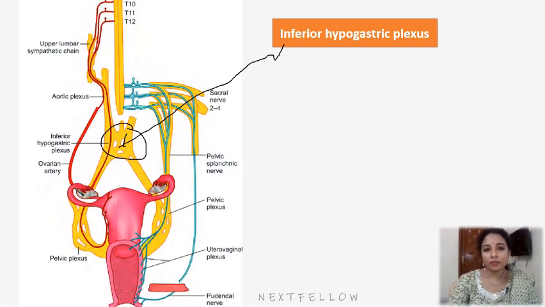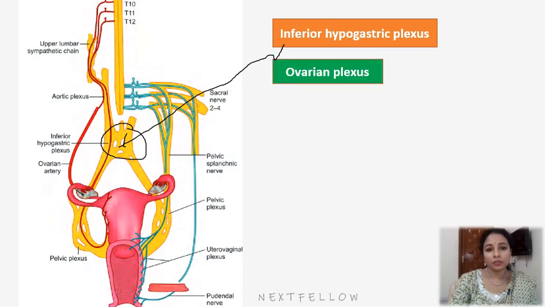These nerves ascend along the broad ligament with the uterine vessels and connect with the tubal nerves to form the ovarian plexus near the ovaries.